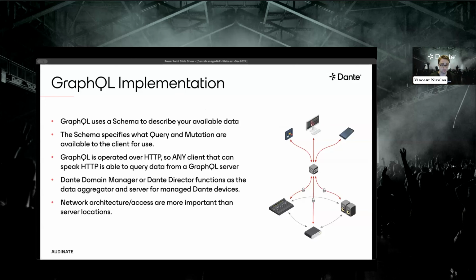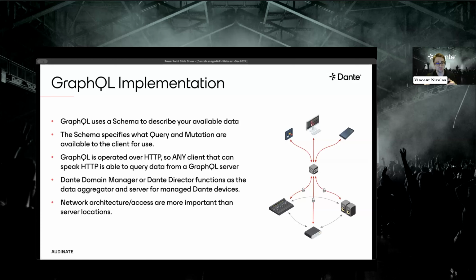All the data goes through HTTP, and even HTTPS, because we use a certificate to secure the connection. So anything that can do HTTP can communicate with Dante Director or Dante Domain Manager through the API. The fourth point is also quite important.